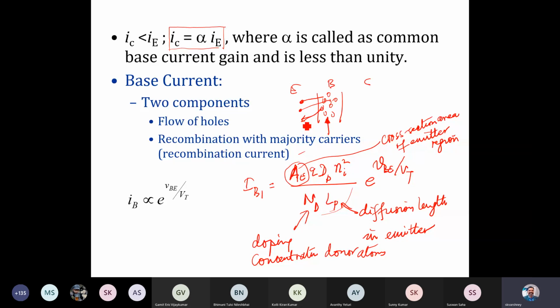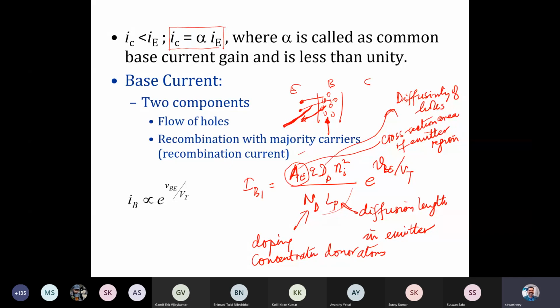Because the holes are moving and this follows a kind of gradient, since they become minority carriers in the emitter, that is the reason we have all these coefficients. And D_P is the diffusivity, or diffusion coefficient, of holes.